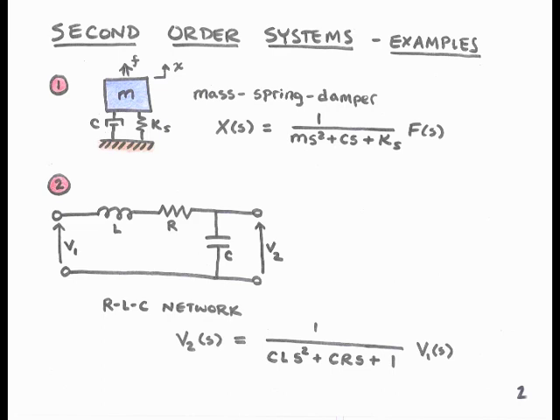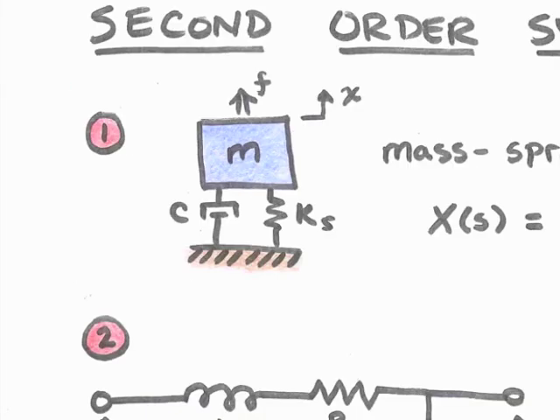Before going on to look at the transient response of second-order systems, let's see a few examples. So our first example is the mass spring damper system, which we've been studying quite a bit. We have a mass that's connected to ground through a spring and a damper. There's a force acting on the mass, and we're measuring its displacement, x.